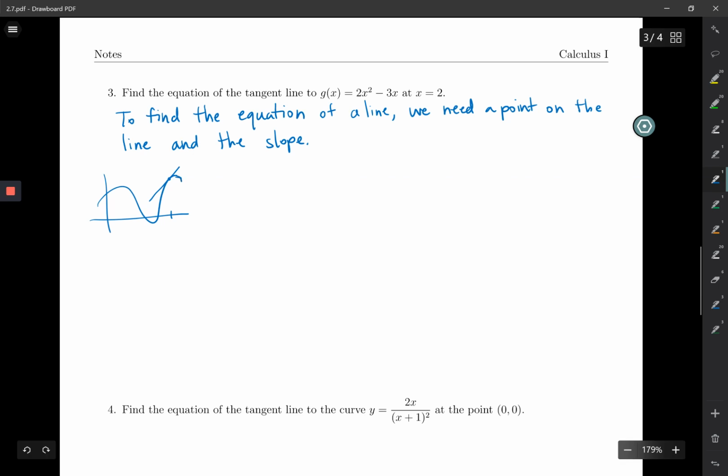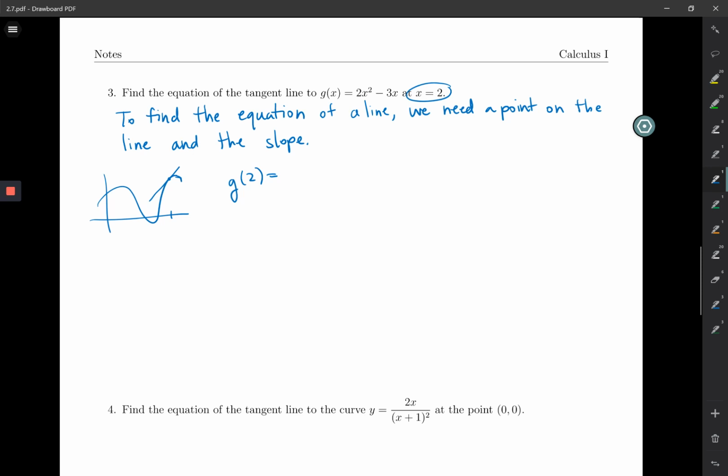So all we need to do is figure out, we're given the x value, so we need the y value, so we just need to plug in 2 into our function, and then we're going to compute the derivative, and that will give us the slope. And then we just use the point slope form for an equation of a line, right?